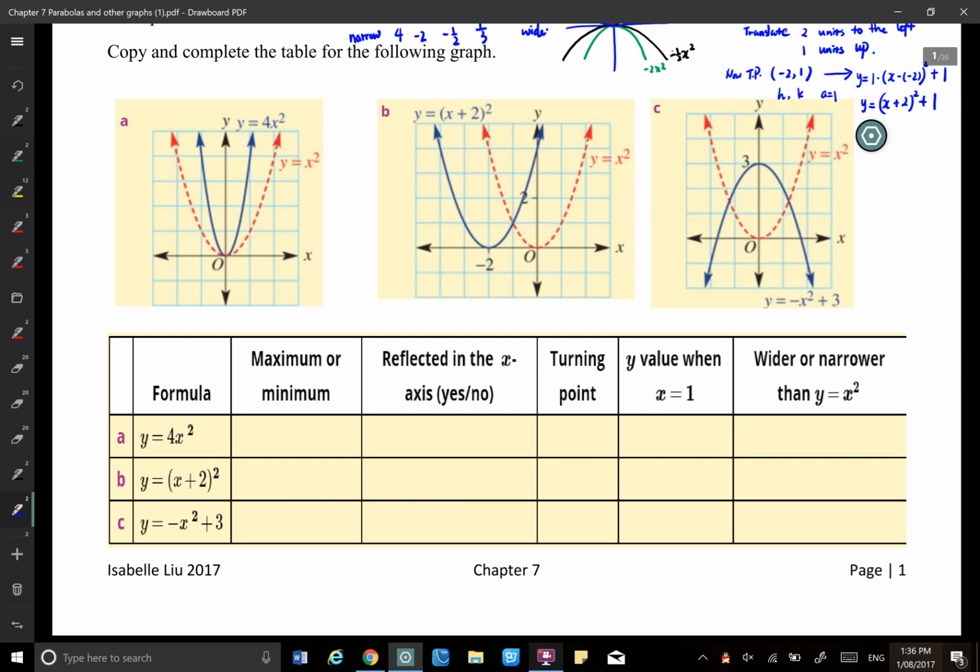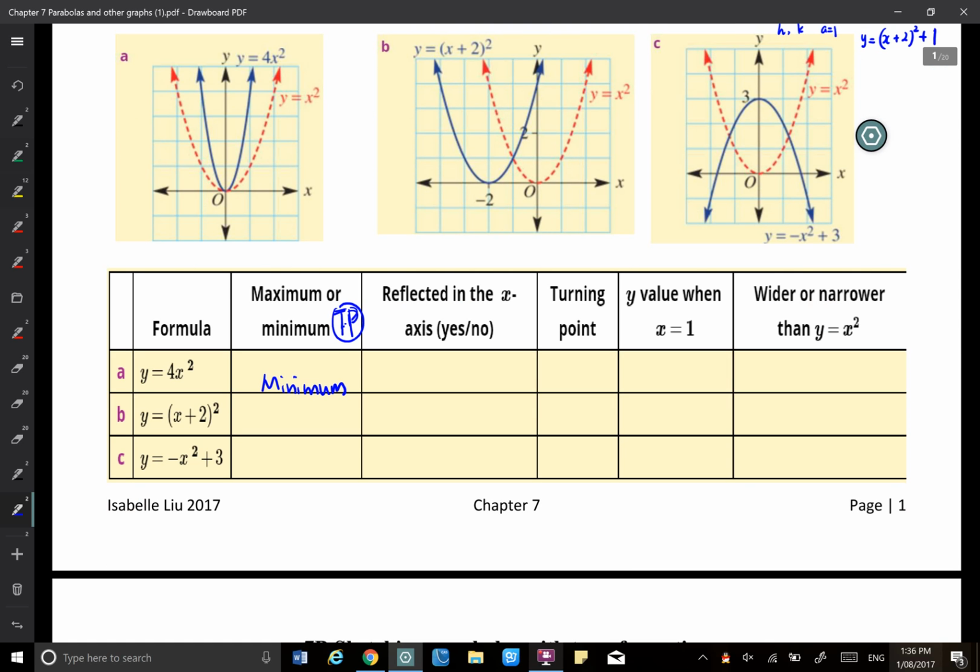Do we have a maximum or minimum turning point? For the first one, you have a minimum, because it's an upright graph, you have a lowest value. Has this graph been reflected in the x-axis compared to y equals x squared?